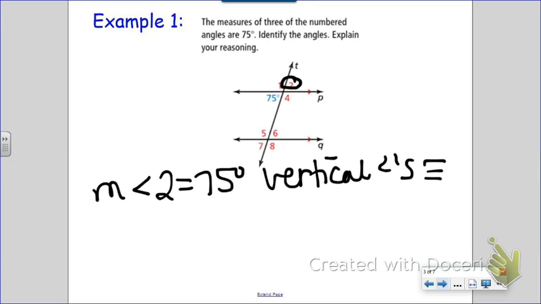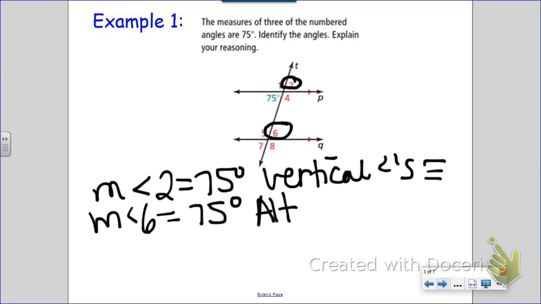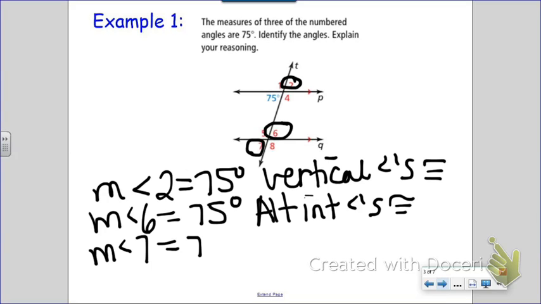Measure of angle 6 is 75 degrees. Those are alternate interior angles, congruent. And angle 7, and those would be corresponding angles, congruent.